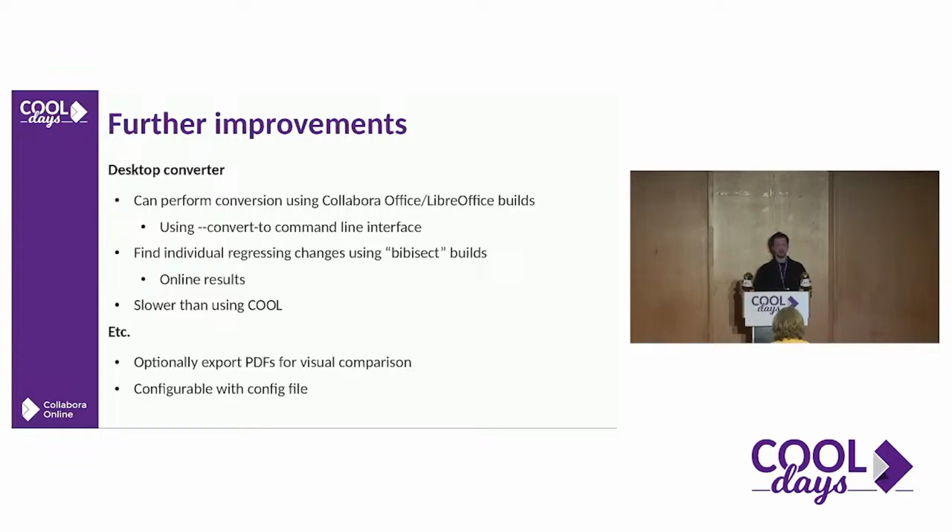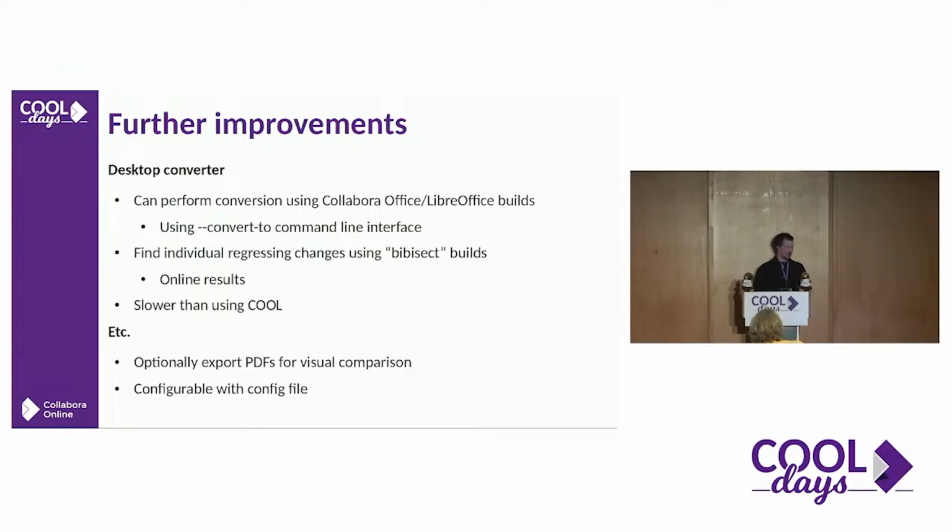Bibisect means that you can use a repository of binary builds and use binary search to find where a regression started, if you know that there's a point where it fails to open and there was a point where it opened cleanly. So it's much easier to identify where the problem started, instead of trying to figure out, okay, you have a version number, but where could it have started between two versions? It's a bit slower than using the Collabora Online endpoint though.